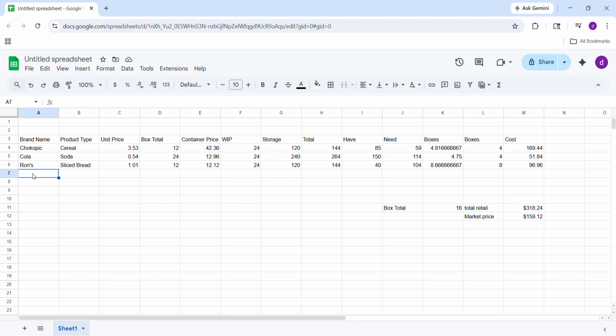And last example, we're going to do oil. Okay, oil goes, according to my sheet, $1.42 a unit price. There's 12 inside the container, inside the box. So 17.04, again 24 WIP. Now storage. Oils, peanut butters, honeys, rice.